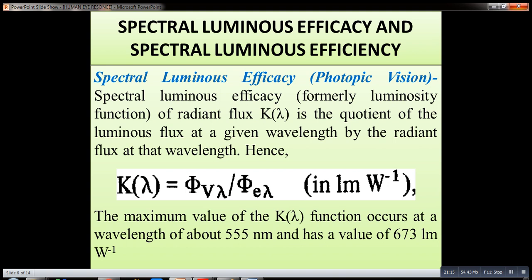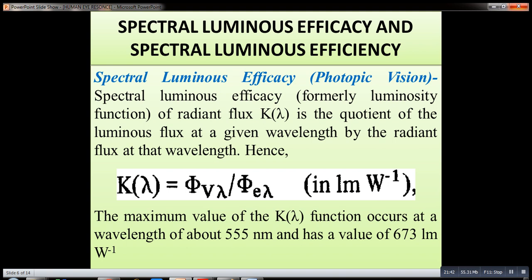Which sense of the term is intended must usually be inferred from the context and is sometimes unclear. The former sense is sometimes called the luminous efficacy of radiation, and the latter the luminous efficacy of a source, or overall luminous efficacy.